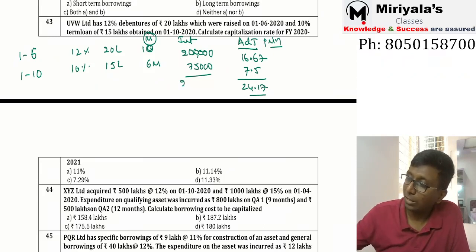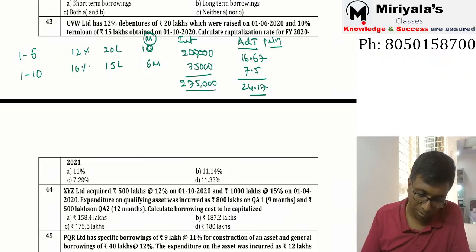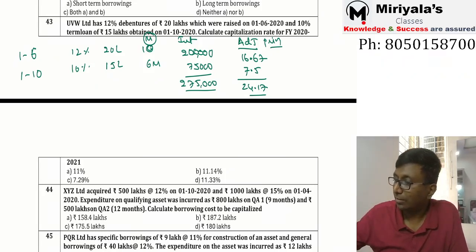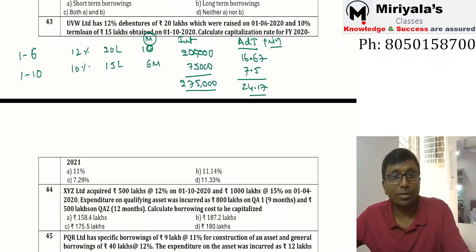Total interest will come to 2,75,000. So 2,75,000 divided by 24.17 lakh, into 100, it will come to 11.37 percent. That is my answer, and D is going to be nearby. Okay, yes, D is nearby.